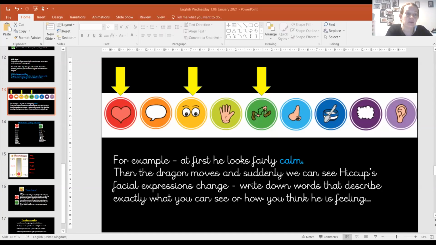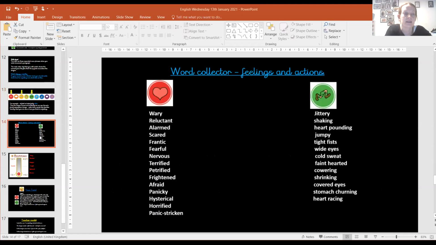Okay, usually in class now, this is where we would chat and jot about the words that we've collected. We would write them down on the board and you would think of new ones as we went along. But unfortunately, you're going to have to make do with my list and any more that you have got. Fabulous. So the feelings side then. How do I think he was feeling?